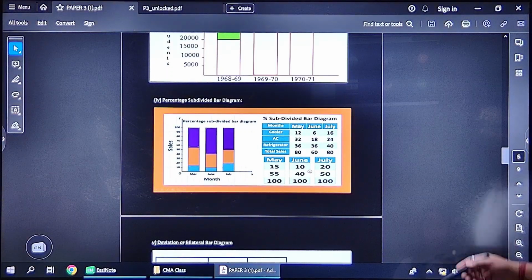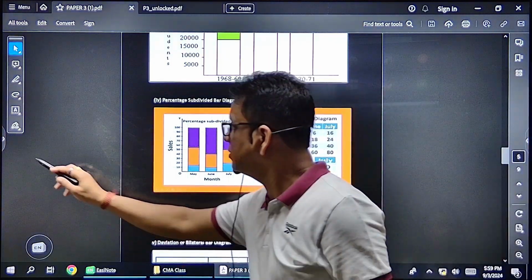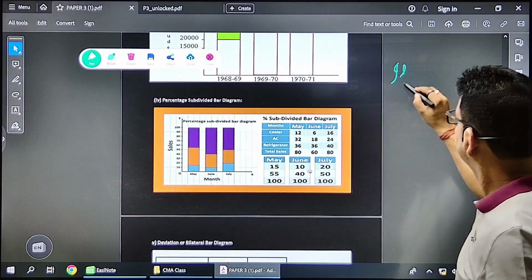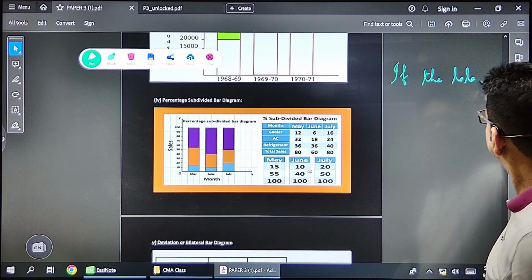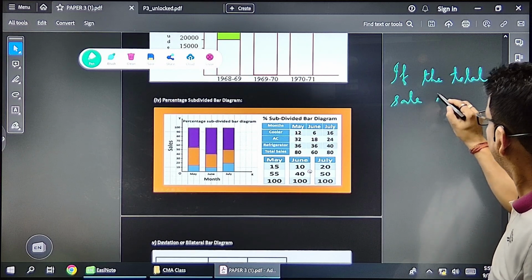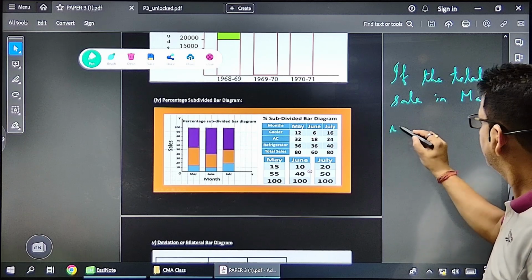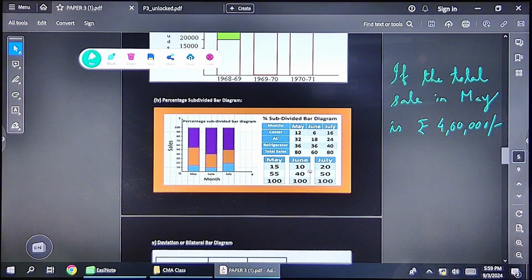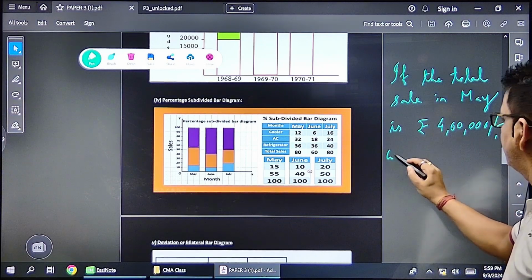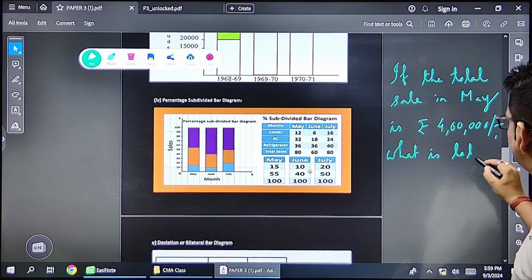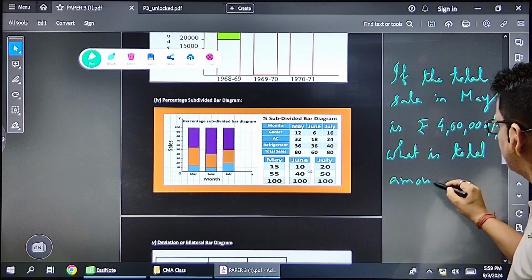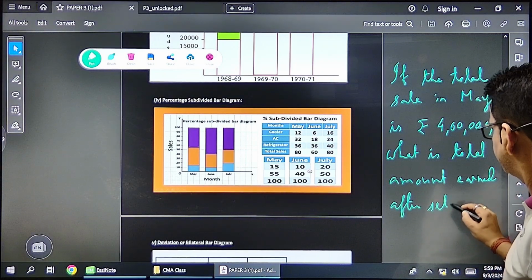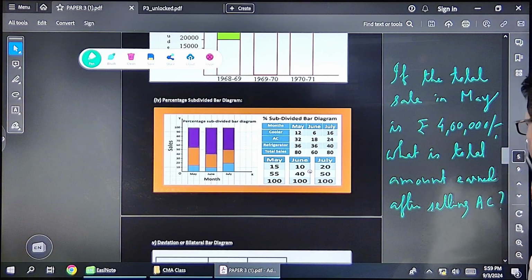Now, what type of questions might be asked from here? One question is, suppose the total sale in the month of May is rupees 4 lakhs, then what is the total amount earned after selling AC?